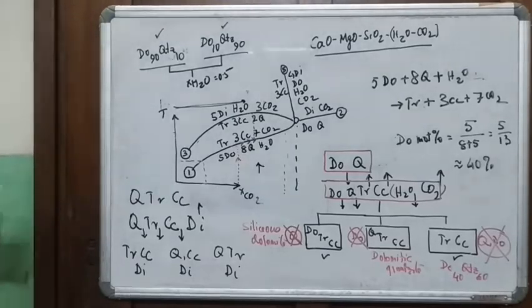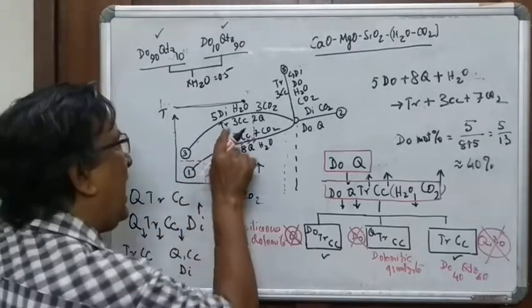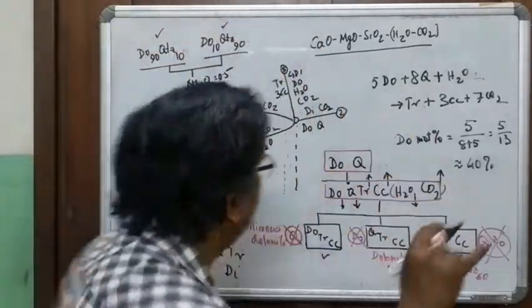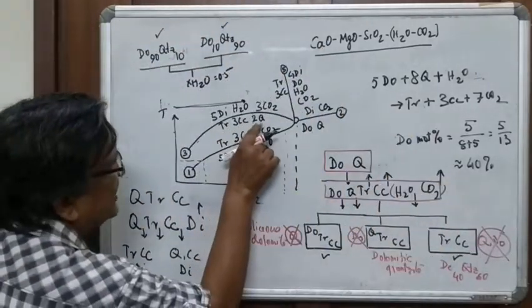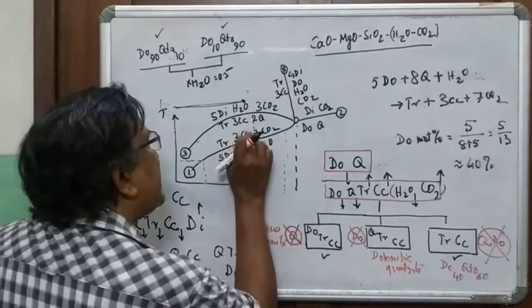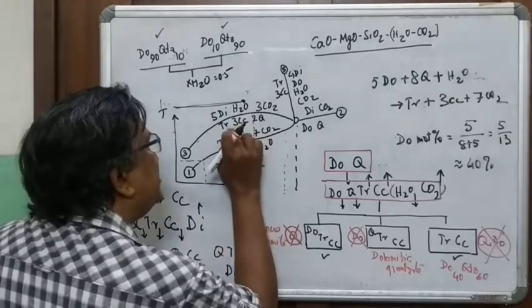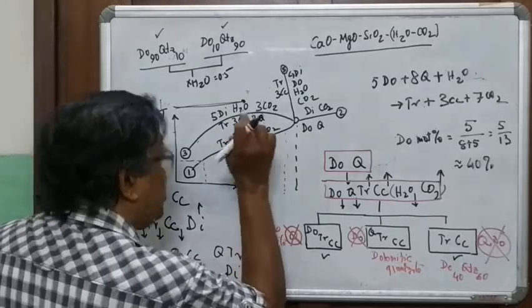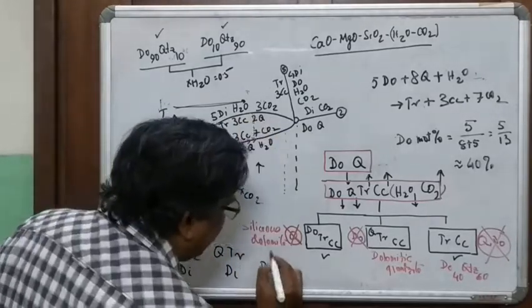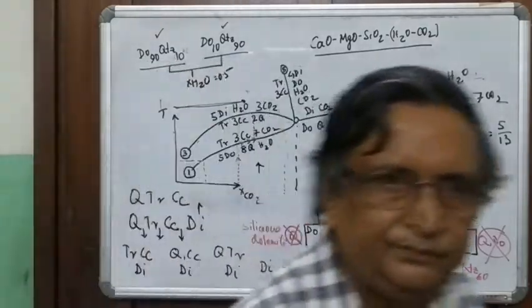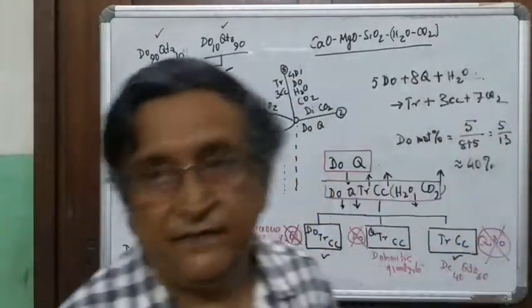And you can have the fourth thing, that somehow, some unique composition, your tremolite, calcite and quartz, when the reaction is reaching this line, tremolite, calcite and quartz in the ratio 1:3:2, in which case only diopside will be there, and you will call it diopsidite. That is very, very important.